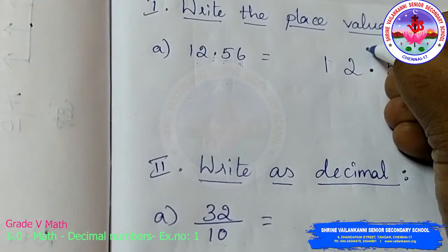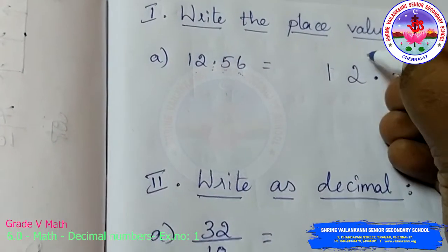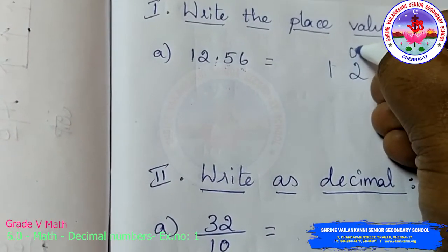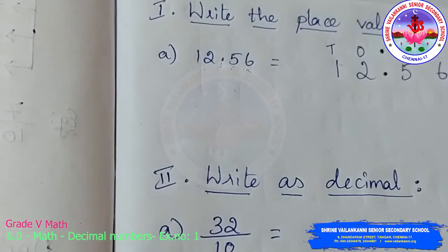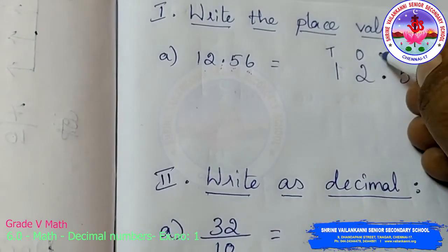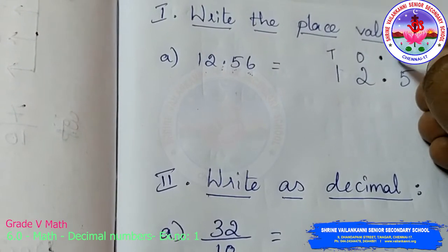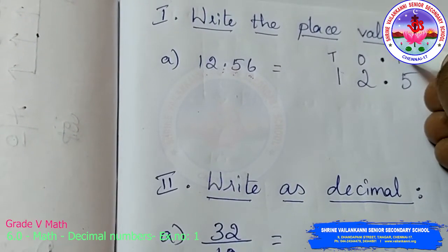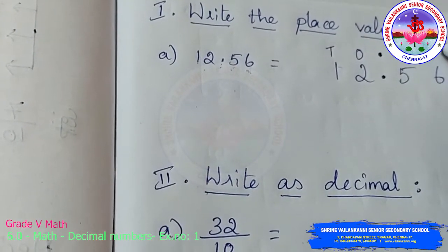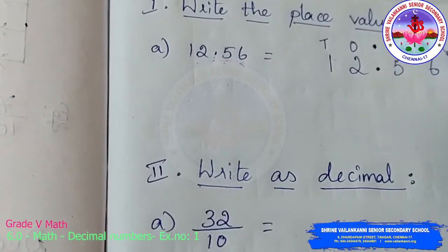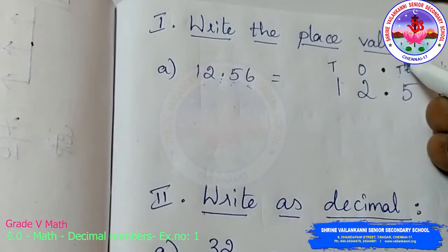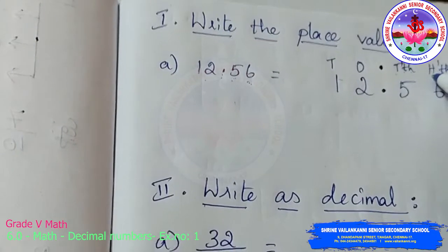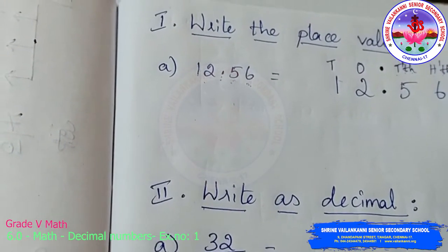This is your decimal point. Before the decimal point: ones, tens. Now after the decimal point: tenths, hundredths. In short I have written T apostrophe TH, H apostrophe TH.